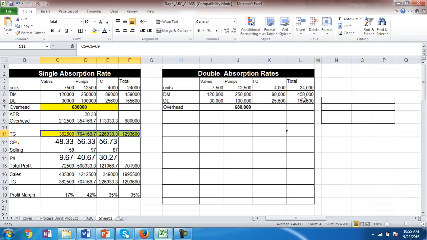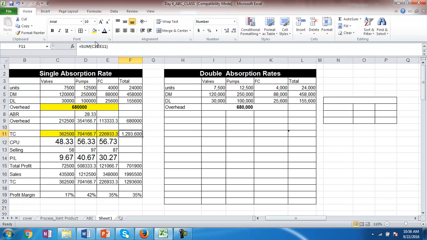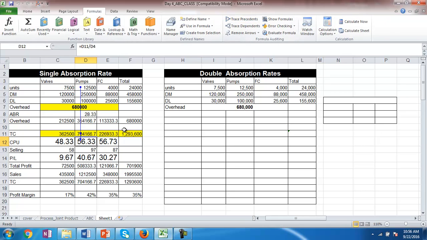Okay, so the total cost is 1.29 million, and so cost per unit is total cost divided by the units. We get 48.3 for valves, 56.3 for pumps, and for flow controller it is 56.73.